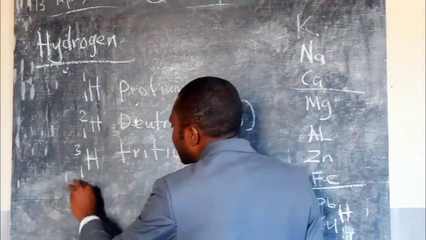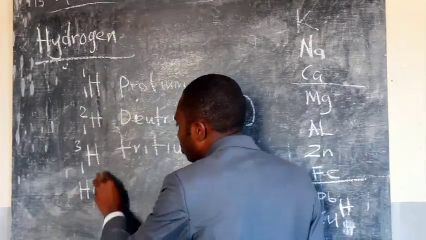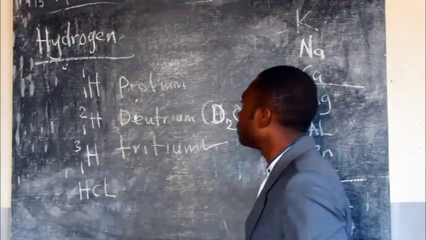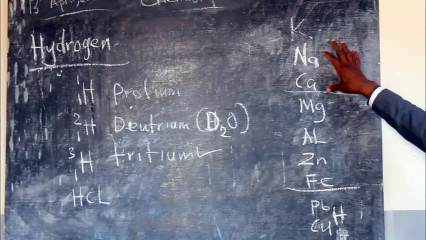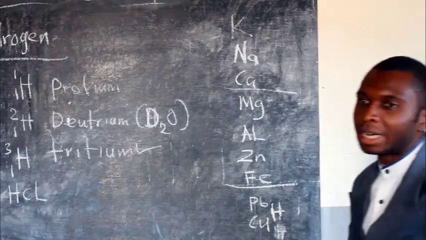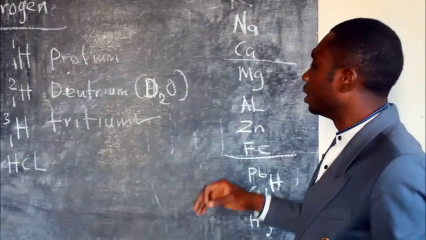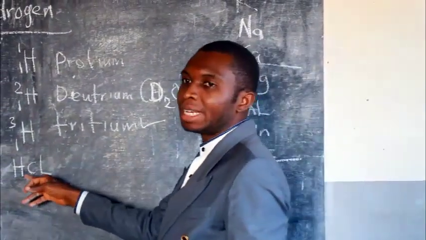Each acid has hydrogen. So if you use most of these reactive metals at the apex, those higher than hydrogen in the activity series, they will replace hydrogen from any acid.